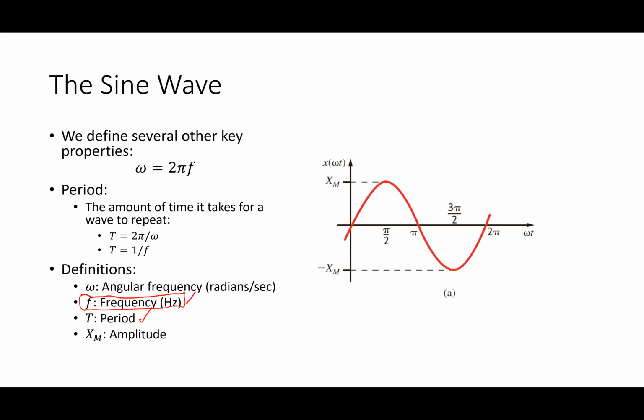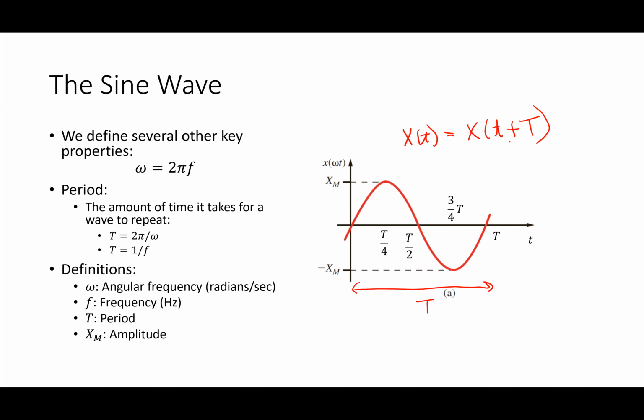In other words, we go through one period of that waveform in a time period T. Here's our period, T. So I'm going to say x of t equals x of t plus capital T. In other words, the value of the waveform one period from now is equal to what it is right now.